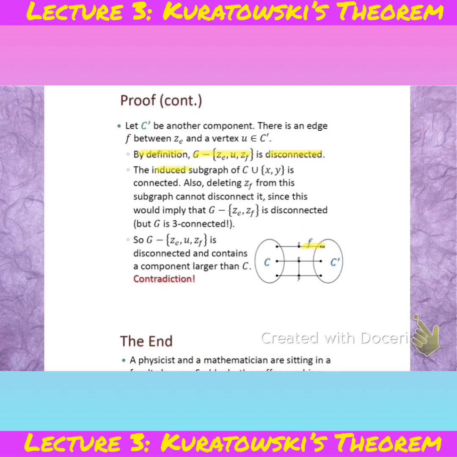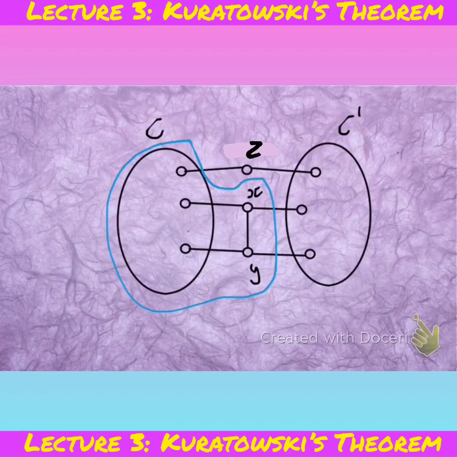Now the induced subgraph of C union X, Y is going to be a connected graph. So what is the graph induced by C union X, Y? It is pretty much this whole graph here. All right, so let's just look at why this graph induced by the vertices C union X, Y is connected.